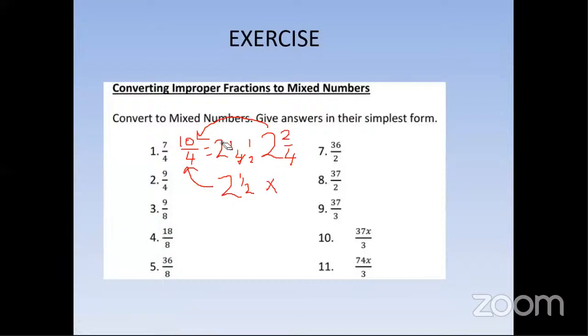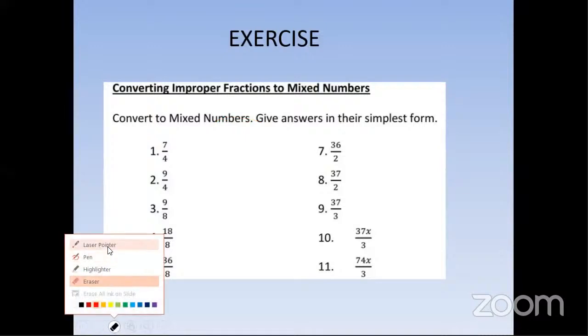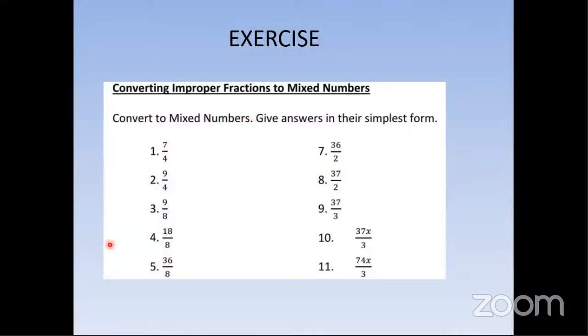So, class, this is what we need to do with our fractions. One, do not reduce your fractions. Two, do not put your numerator as 0 out of something. If it is divisible, you write the whole number alone. Don't put it as 0 again.